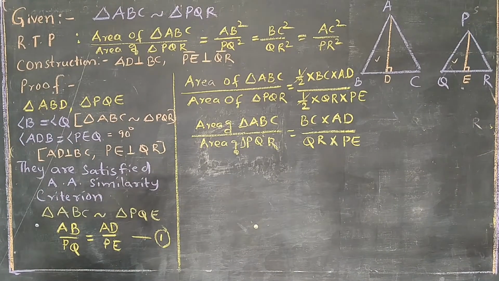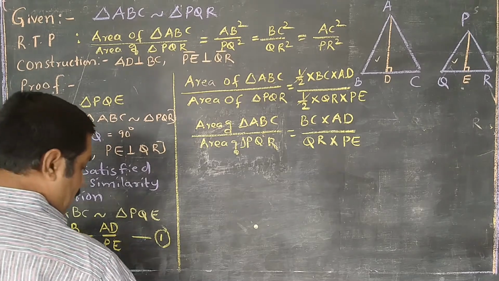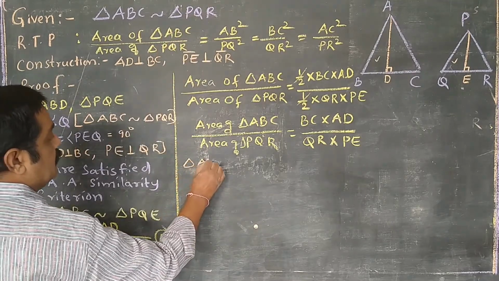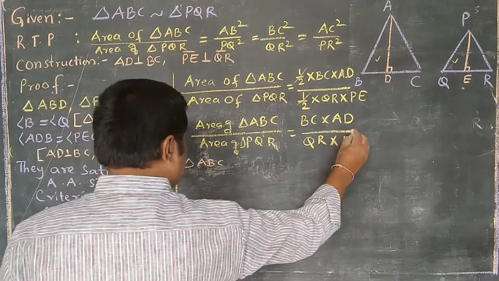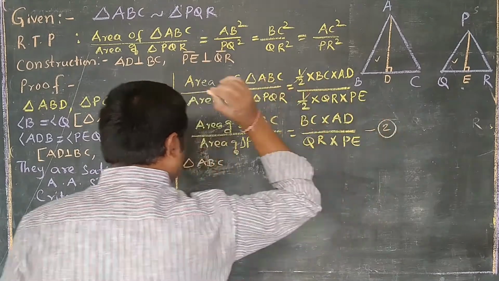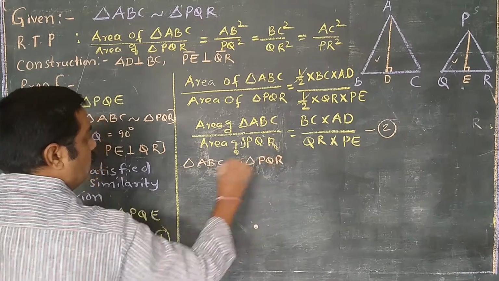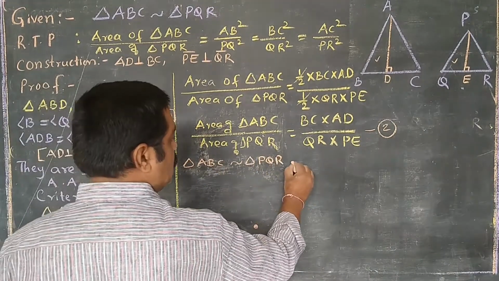So I am going to do one thing now. Already these two given triangles are similar. Take this as the second equation. Triangle ABC is similar to triangle PQR. Already we know the corresponding sides are in the same ratio.